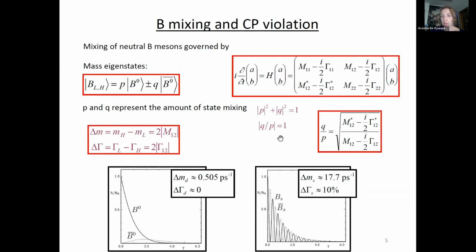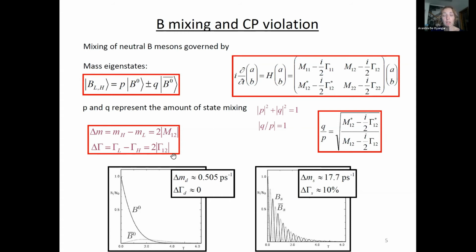I don't know if you have seen these formulas already. One of the important things is that the mass difference, which gives you the oscillation frequency, is just the difference between the heavy and the light mesons, and the width difference.